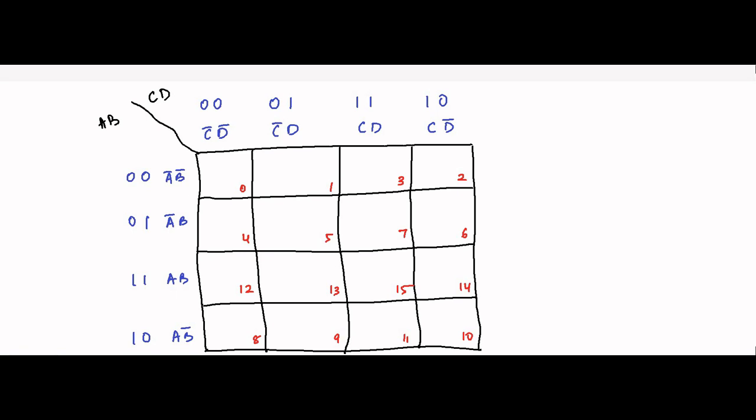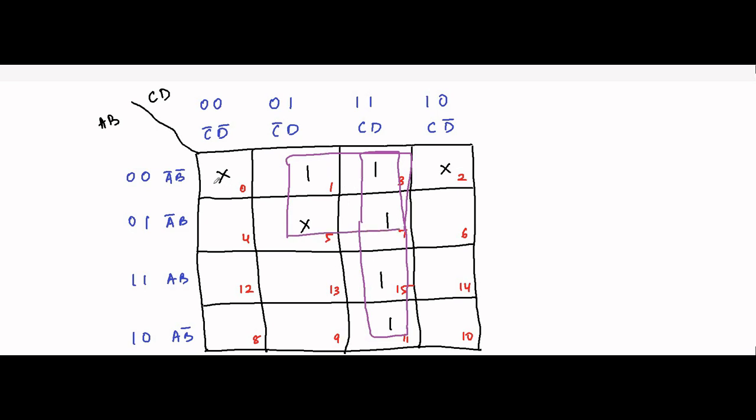If we plot the given Boolean function 1, 3, 7, 11, 15 and don't care 0 to 5, then if we try to make groups, 3, 7, 11 and 15, these cells we can form a quad here, and then we have 1, 3, don't care cells 5 and 7. Here we can form another quad.